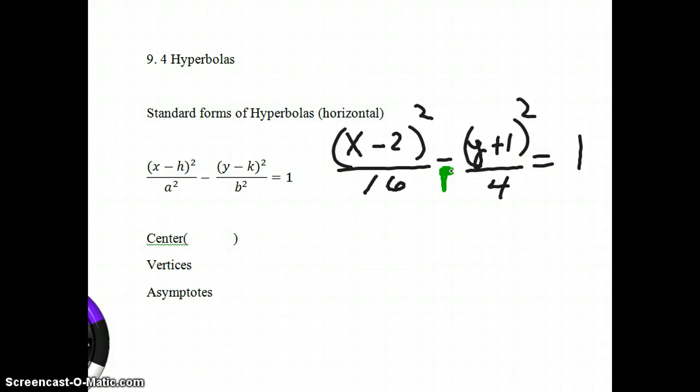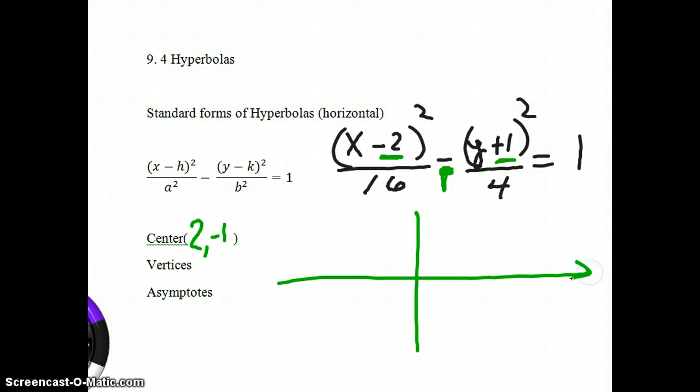The center is going to work the same way that it does with the circle and the ellipse. So what we'll do is we'll draw off the center first, which is (2, -1) in this case. So this is our center. And we'll learn in a minute that if x is the positive term or comes first, we're going to move in the x direction for our vertices.